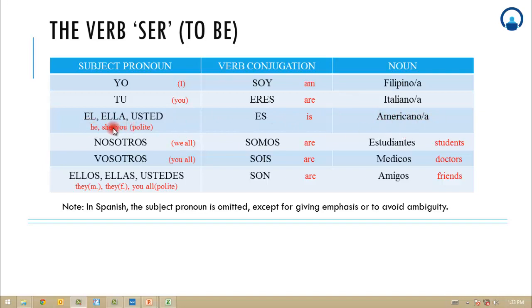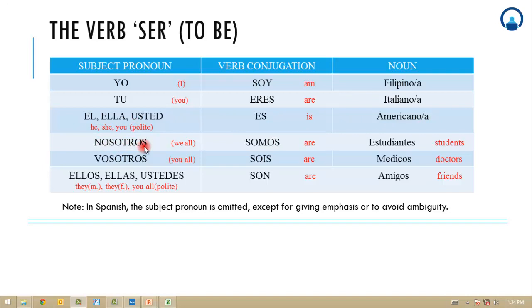If I want to say she, it will be ella es americana. The o is replaced with a. That's because I have used a feminine subject pronoun. Next is usted, that is you polite. Usted es americano or usted es americana.